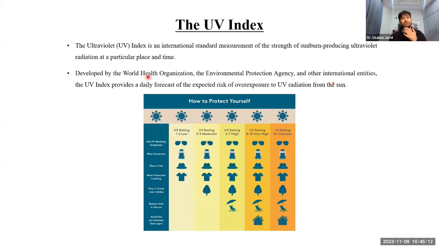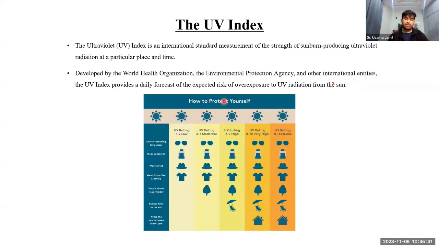Developed by WHO, the Environmental Protection Agency, and other international entities, the UV index provides a daily forecast of the expected risk of overexposure to UV radiation from the sun. If you check your browser or the lower corner of your MacBook or laptop, your weather is getting updated in real time. It is connected to the internet, and the UV index is also being displayed.